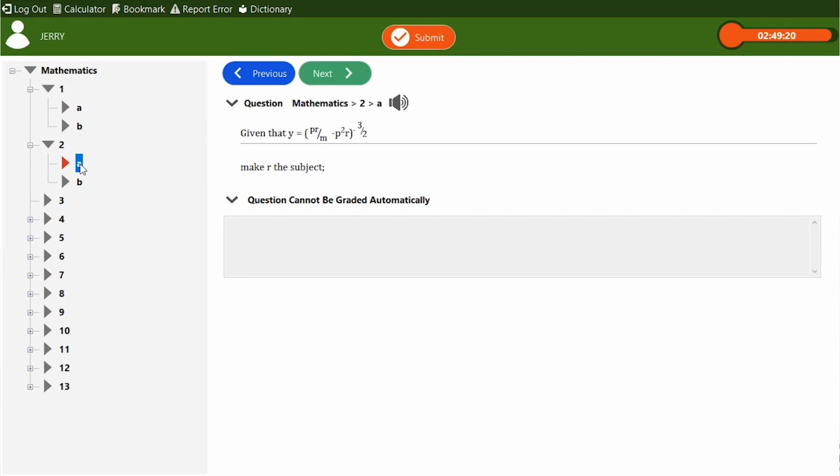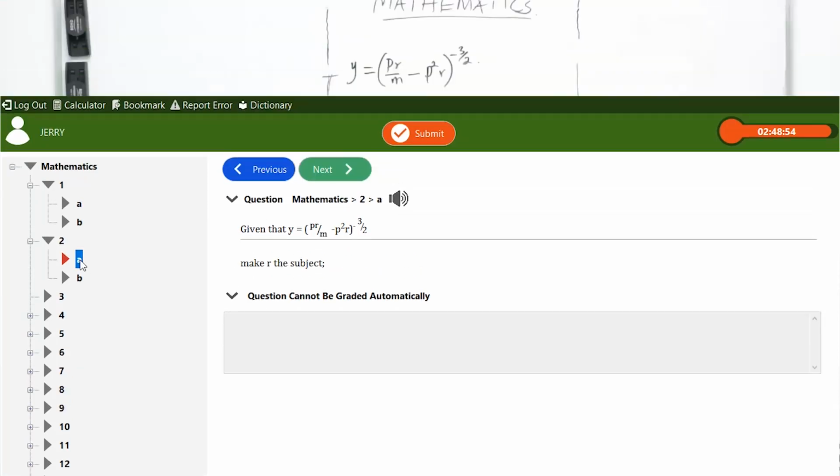That is, y equals (PR over m minus p squared r), raised to the power minus 3 over 2. Make r subject of the formula.